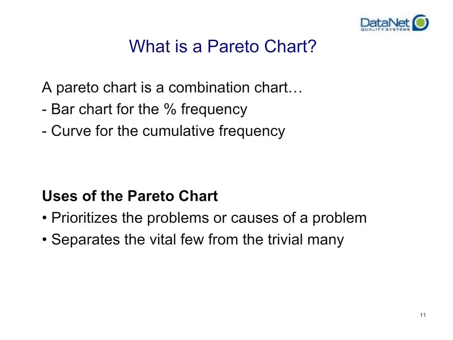Once you have a Pareto chart, you can use it to prioritize the problems that occur within your process, ultimately allowing you to separate the vital few causes from the trivial many.